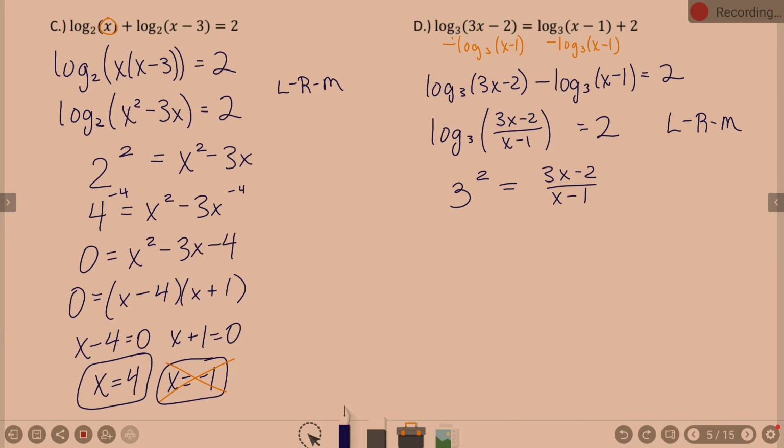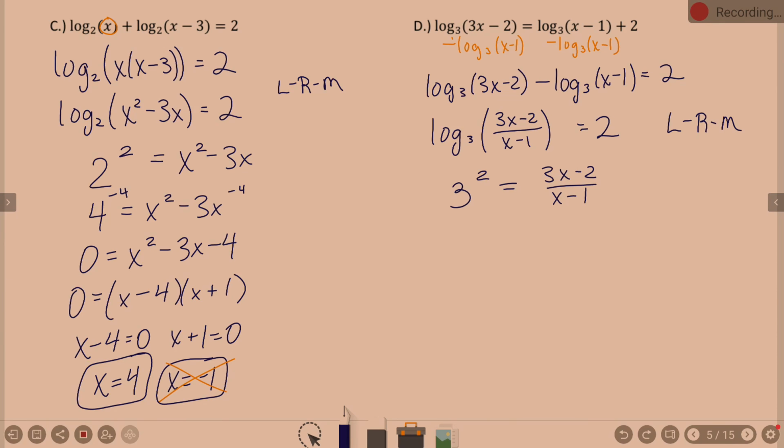And we have the unfortunate situation of a fraction. However, it's not that unfortunate. It's doable. How do we solve? And if you're not sure, my question is going to turn into how do we get rid of the fraction? Okay.